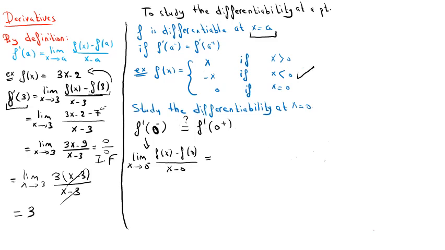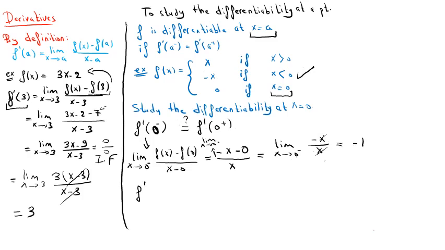We take this interval, x less than 0, and f of x is minus x. Minus f of 0, here we have f of 0 equals 0, over x. So the answer is the limit as x tends to 0 minus of minus x over x. We can simplify, so the answer is minus 1.